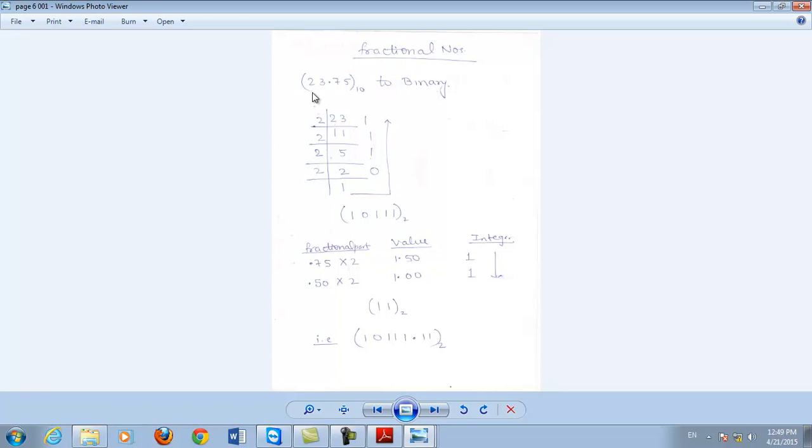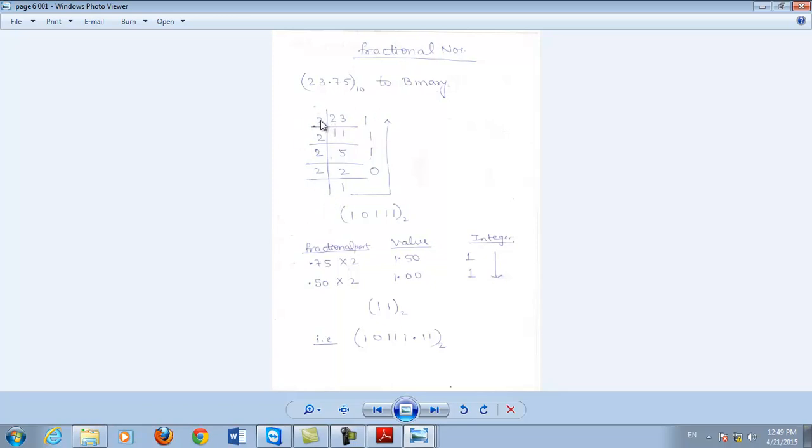This is a decimal number, and decimal to binary conversion is performed by dividing by 2 and multiplying by 2. In the same way, if you want to convert the decimal to its equivalent octal or hexadecimal, then the process remains the same for the integer part. The only difference is in the base value.